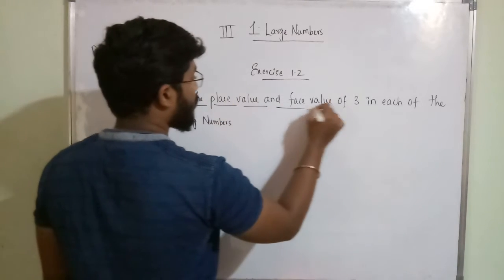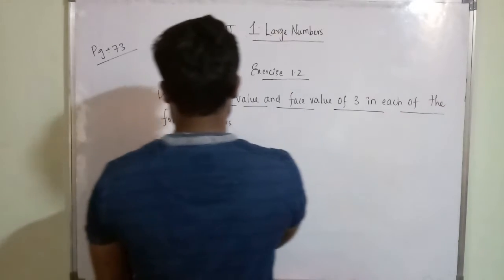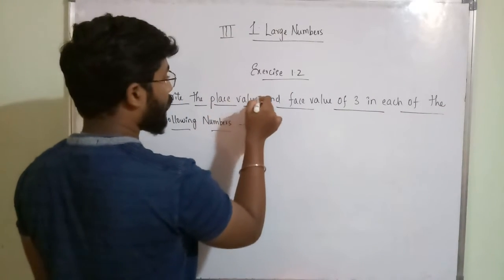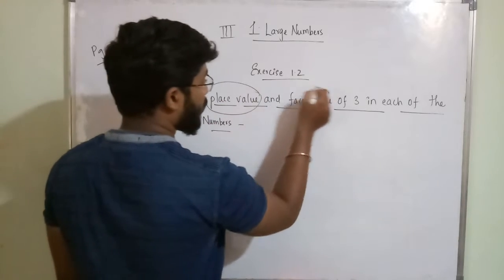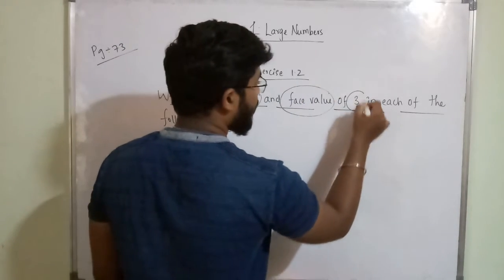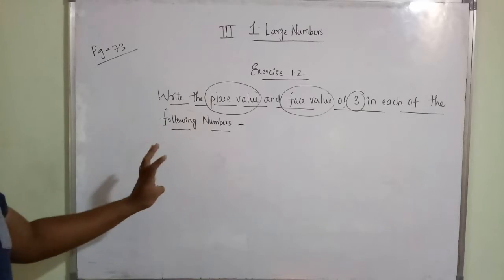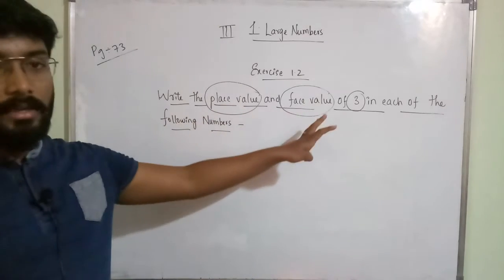Okay, so you have to read the heading carefully. What is he telling? Place value and face value of which number? Of 3. No other number he is asking. He is asking only about 3. Place value and face value of 3.